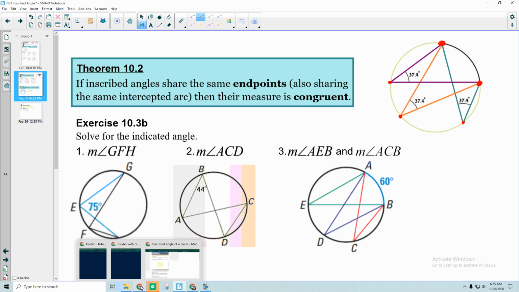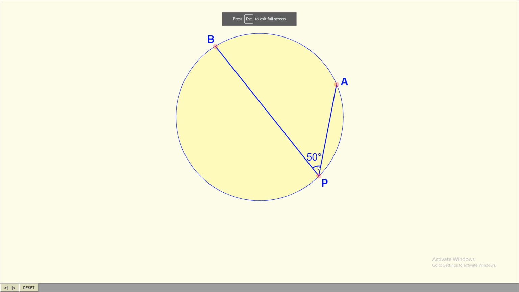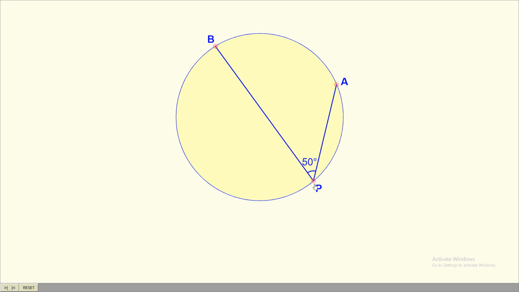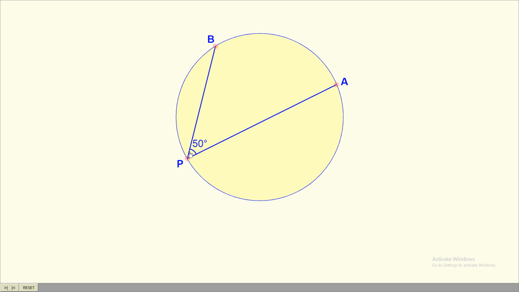So we can kind of reiterate this if we look at this animation over here. What do you think is going to happen if I take this point P and move it around the circle? What's going to happen? Okay, so it's going to stay exactly the same. No matter where I move this around, as long as it's below B and A. If I move it above, that's when it would change.